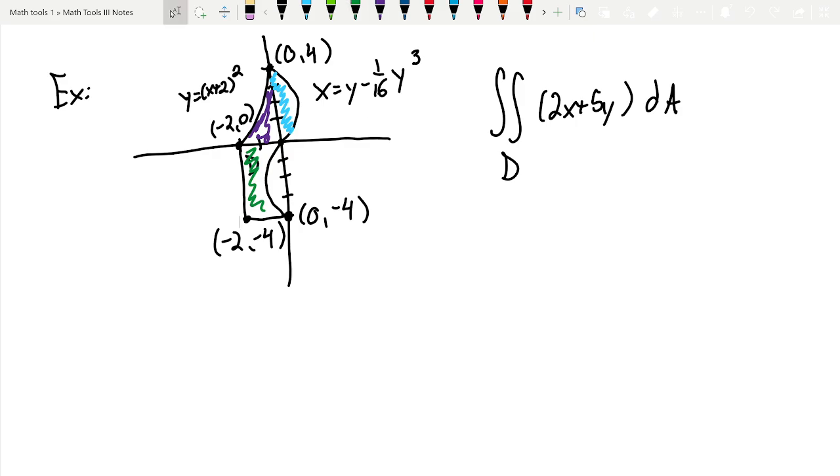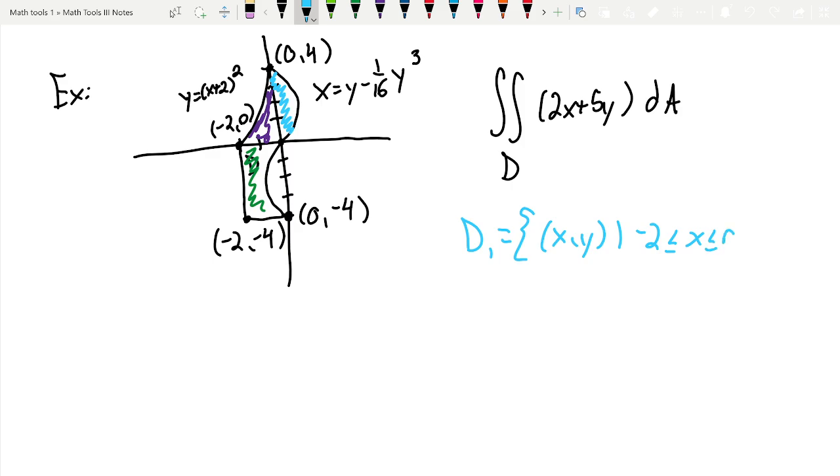So it might be helpful to give these some names, because if we're decomposing it, we're going to have to break up the integral using the decomposition into different sets. Okay, so if we call this light blue part D1, it might help to write out exactly what this region is. This isn't 100% necessary.